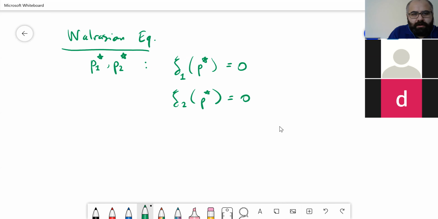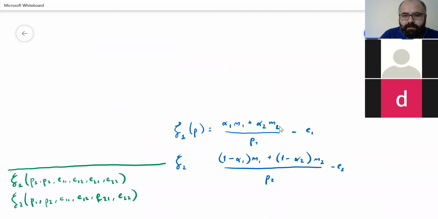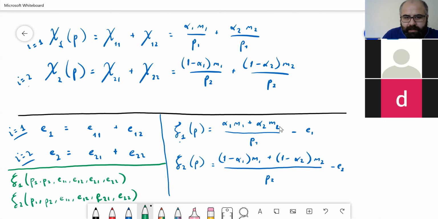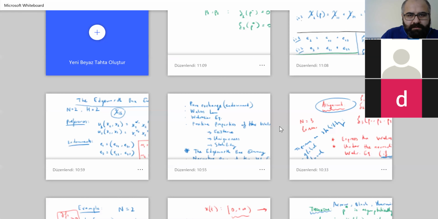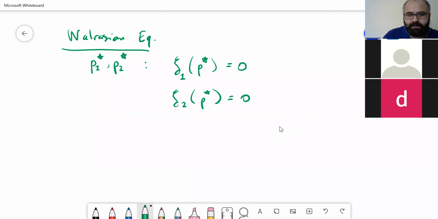So you're going to look at these equations. So you have two equations, right? Zeta 1 of P is here, zeta 2 of P is here. So these are excess demands. These excess demands will be equal to 0 in both markets for us to define the Walrasian equilibrium. All right?